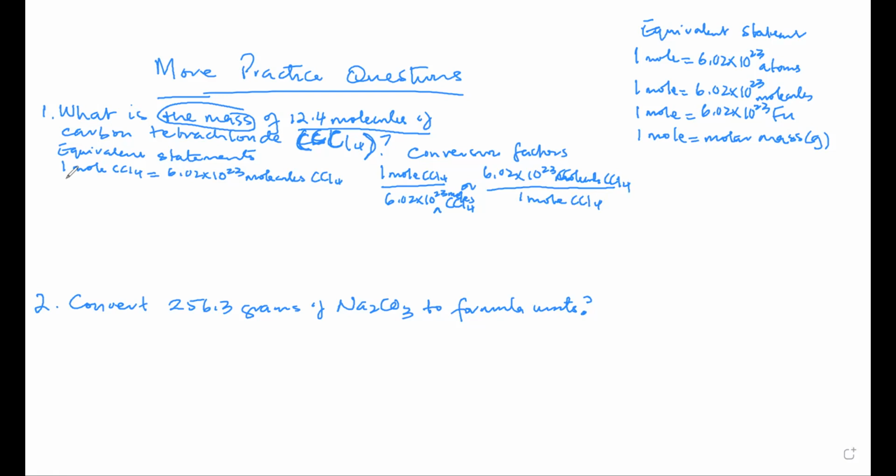Then, when we go from molecules to moles, we can go from mole to molar mass. Then 1 mole of carbon tetrachloride is equal to the molar mass of carbon tetrachloride.